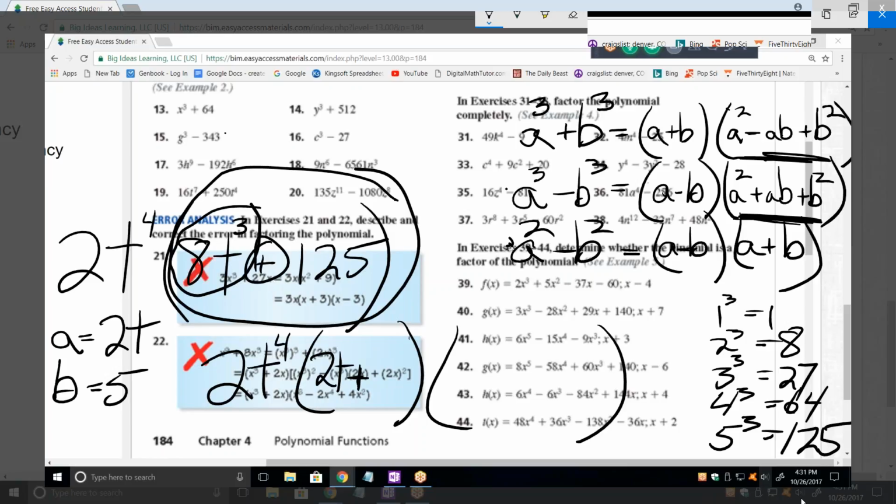Notice in our formulas here on the upper right, that's plus, that's plus. That's minus, that's minus. And all of those are linear terms. There's no squaring going on. It's just A plus B or A minus B. So it's always the same, the first linear term.